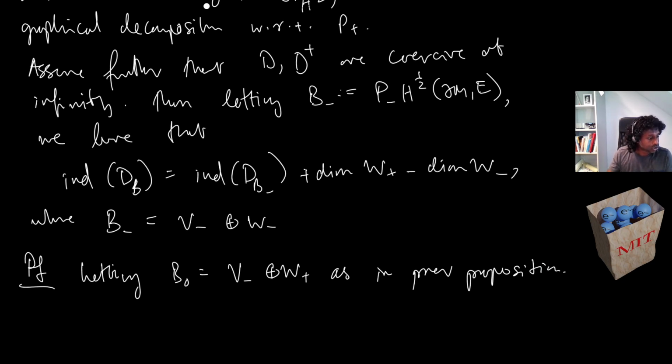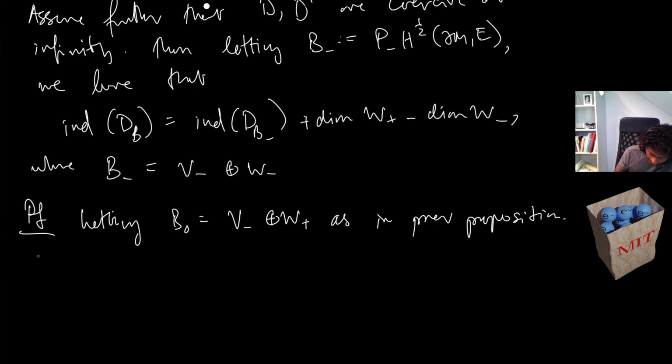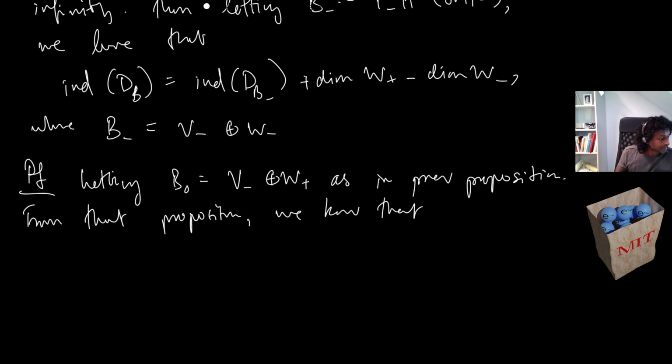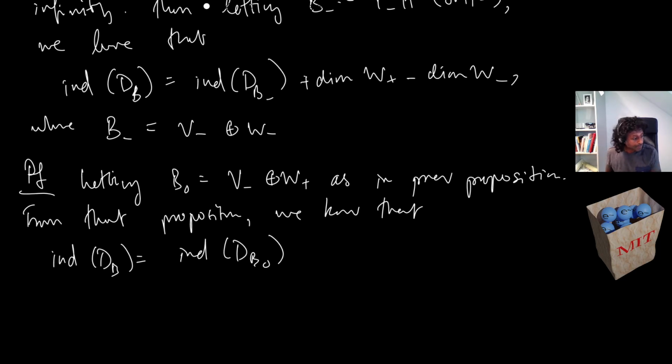If we do that, we know from that proposition that the index of dB is equal to the index of dB naught. Okay.